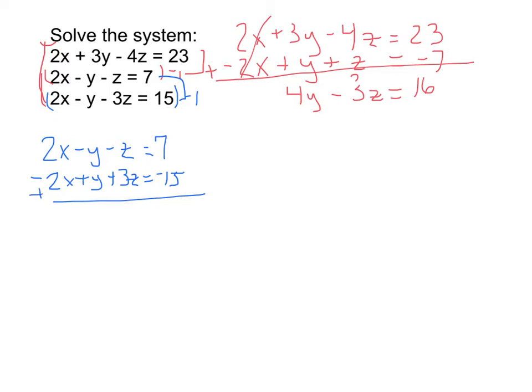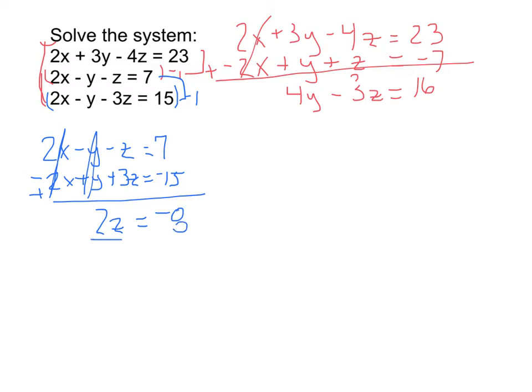And I'll add. But this problem got even easier because look what just happened. Not only do the 2x's cancel, but so does the y. This won't always happen. This was just a good first example to ease you into this idea. But it looks like I actually now have one equation that's going to help me solve for z.